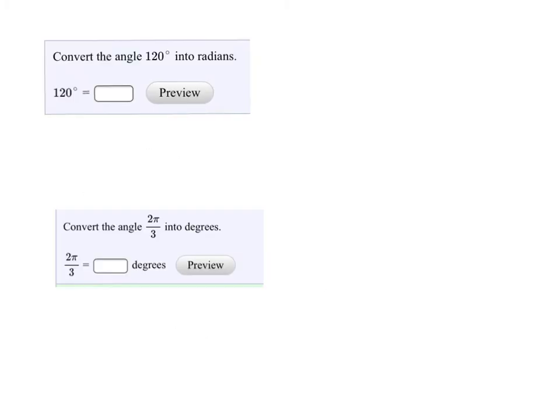So there are a couple different ways you can convert using radians. You could use ratios. You could say, all right, I want to know what 120 degrees is in radians. 120 degrees over x equals, well, I know that 180 degrees is equal to pi radians. Remember, 2 pi was all the way around the circle. That's 360 degrees. Pi radians is 180 degrees.